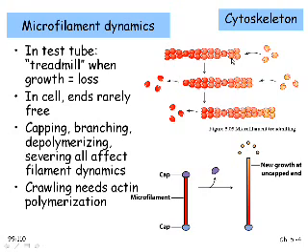Treadmilling unquestionably happens in the test tube, but when you look inside of a cell, you don't see free ends of actin filaments very often. There are a lot of proteins that are involved in binding to those ends to control processes of polymerization and depolymerization and so on. And so we can see that there are proteins that can cap a fast end or can cap the slow end.